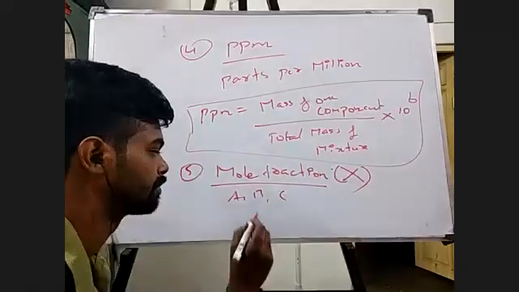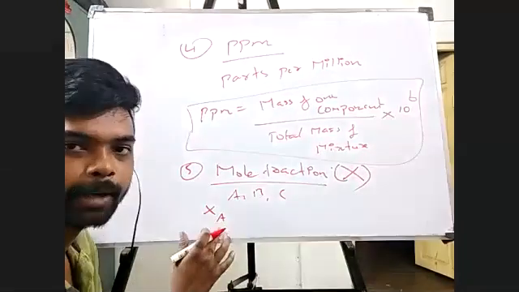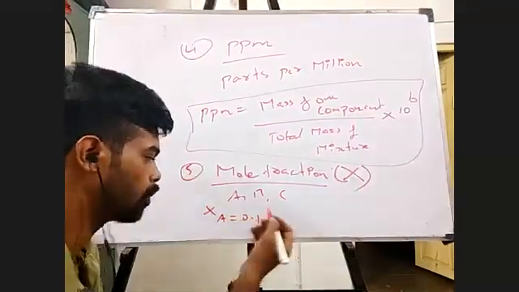Now say I have 3 components, A, B, C. When I write XA, it means the mole fraction of A is 0.1.